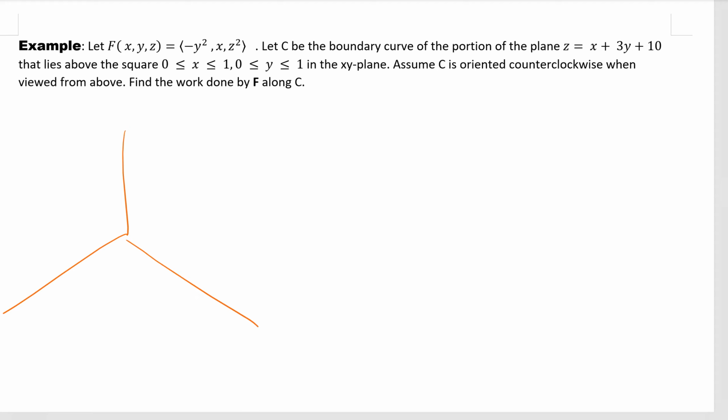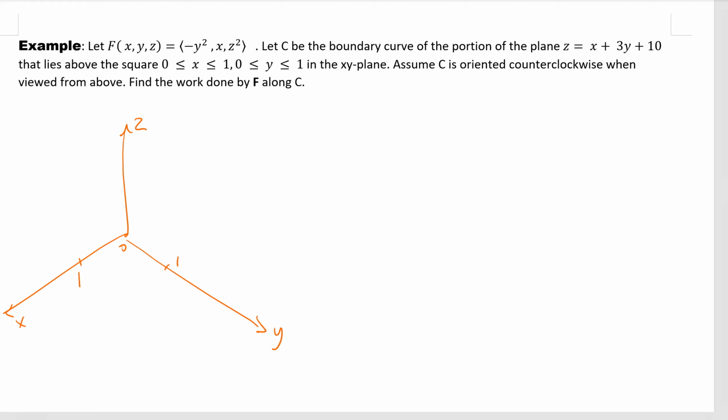Okay, let's see here. The plane z equals x plus 3y plus 10. Okay, so x is from 0 to 1, and here y is also 0 to 1.